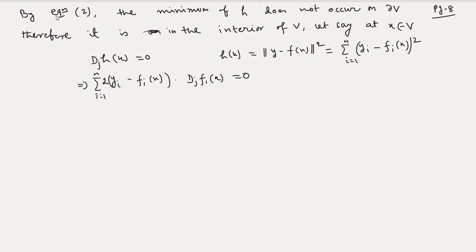So this is equal to 0 for all j between 1 and n.